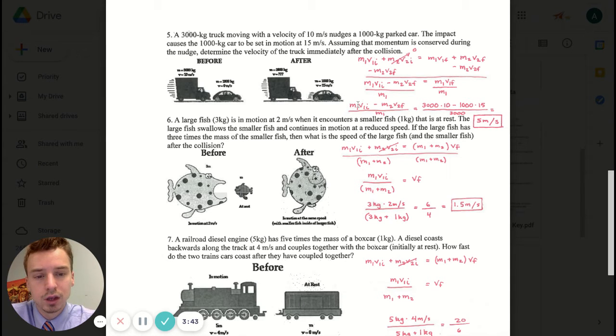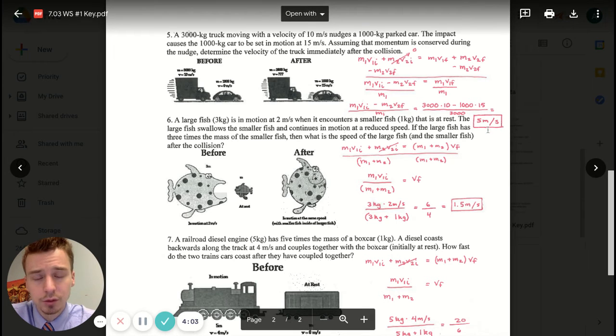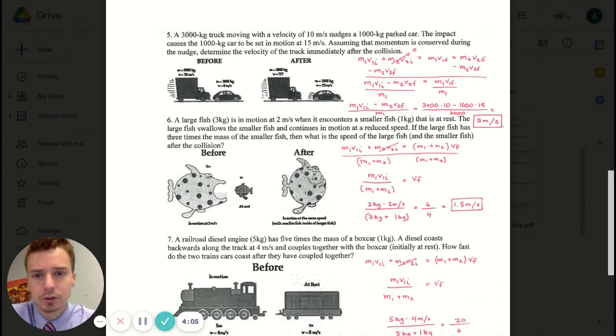Mass 1 is 3,000, velocity 1 initial is 10, subtracted by 1,000, which is the mass of object 2, times the velocity of object 2 at the end, which is 15, and divide that by the mass of object 1, which is 3,000. You should get it's moving at 5 meters per second, which makes sense because its velocity slowed down because some of its momentum was transferred into the small car.